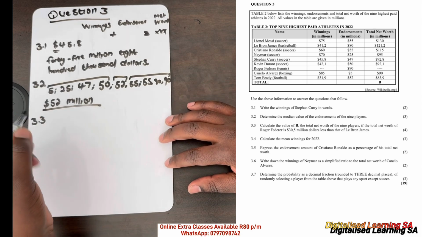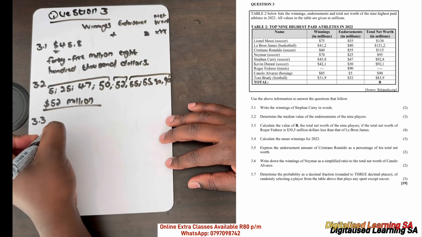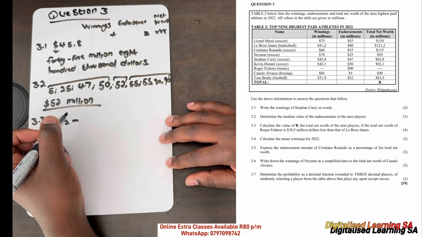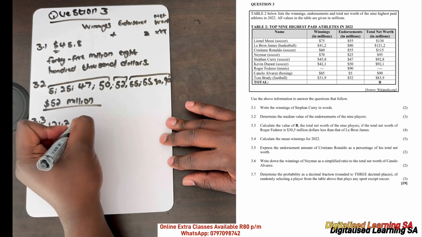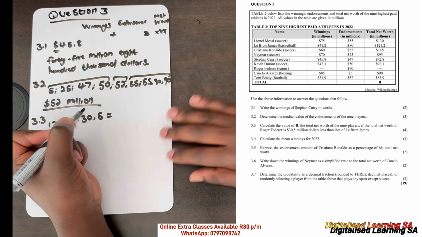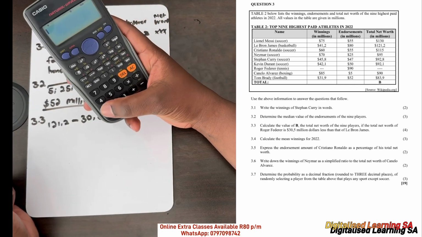If we check on our table, we can see that LeBron James' net worth was 121.2. So to get the net worth of Roger Federer, we need to subtract 30.5. Okay, so now we'll just substitute this on our calculator.